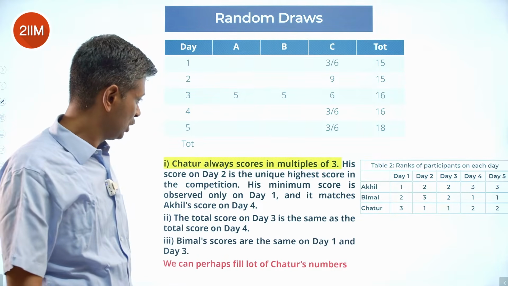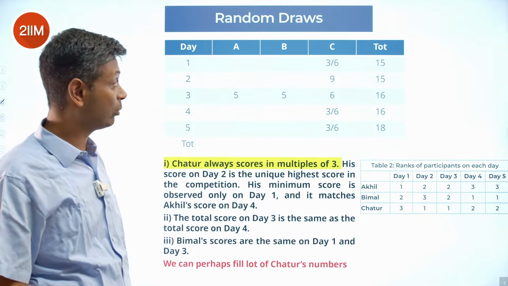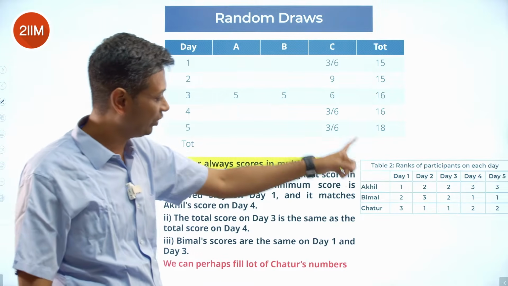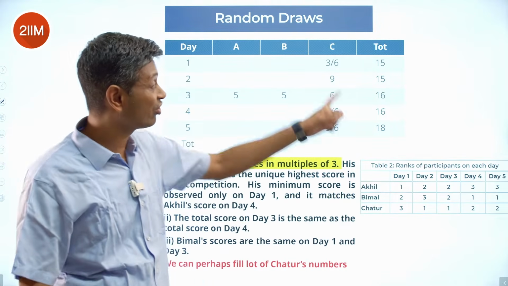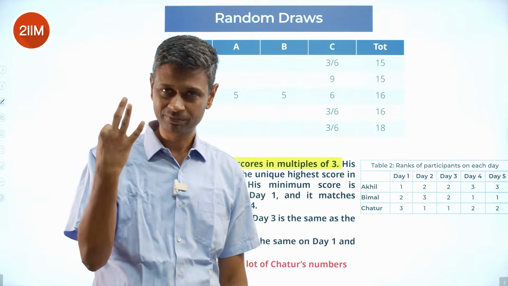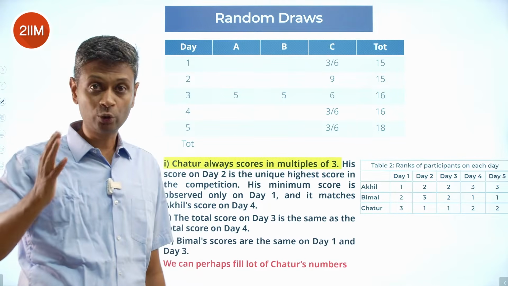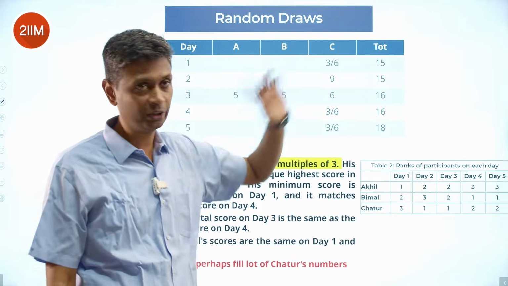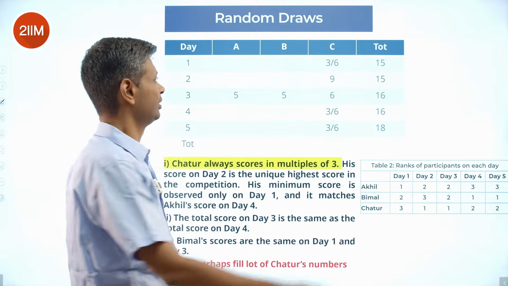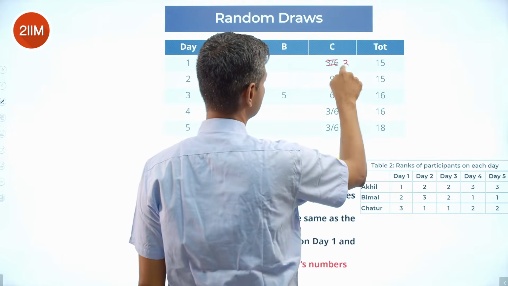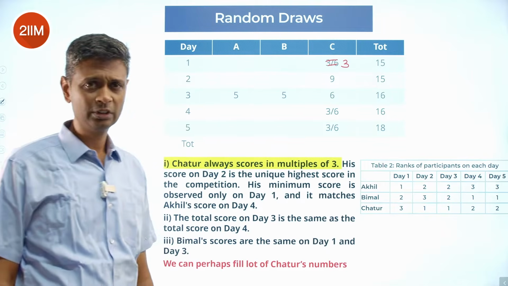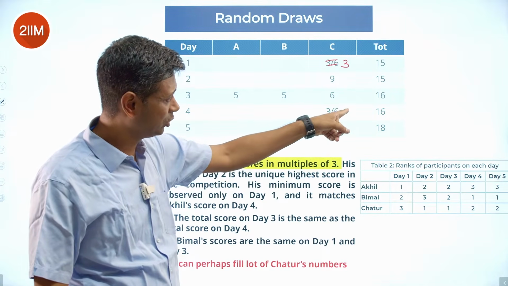We know his minimum score is observed only on day 1. Here, on day 1, he is the 3rd. He couldn't have got 6 and been the 3rd, because the other 2 have to be higher than that. It cannot add up to 15, since 6 plus 6 plus 6 is 18. This is 3. These 2 cannot be 3.